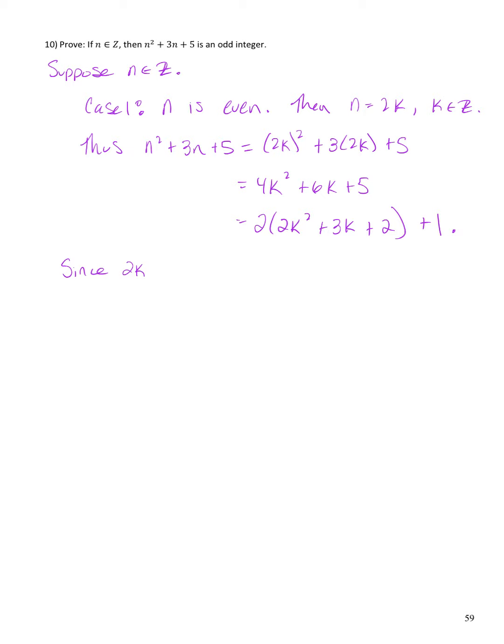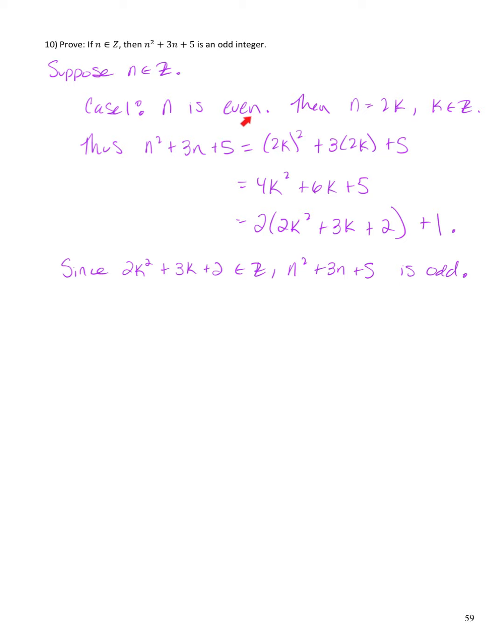Since 2k squared plus 3k plus 2 is an integer, n squared plus 3n plus 5 is odd. So I've proven it for case 1. I've shown that if n is an even integer, then n squared plus 3n plus 5 is odd.